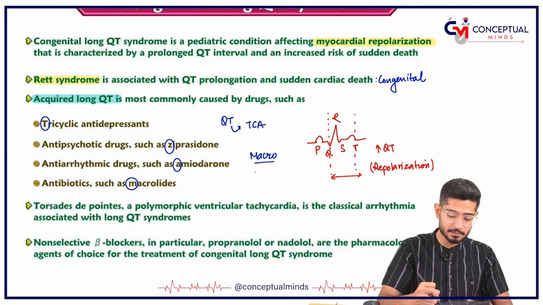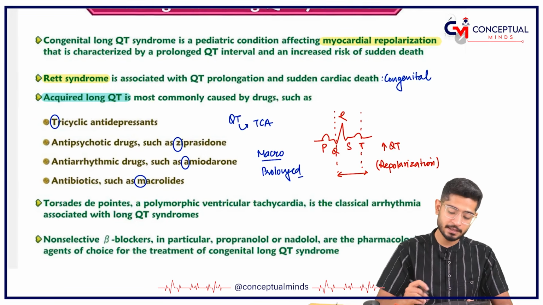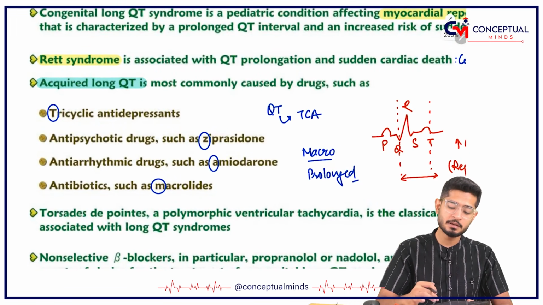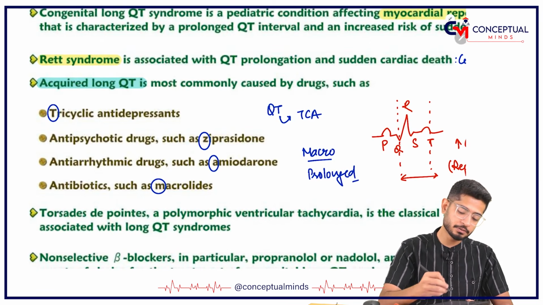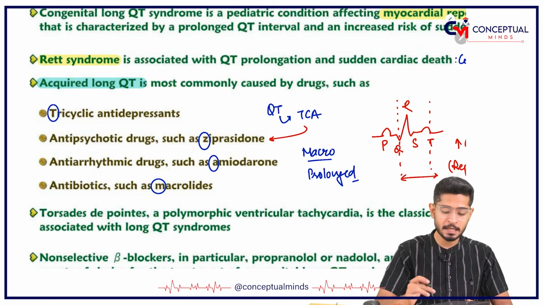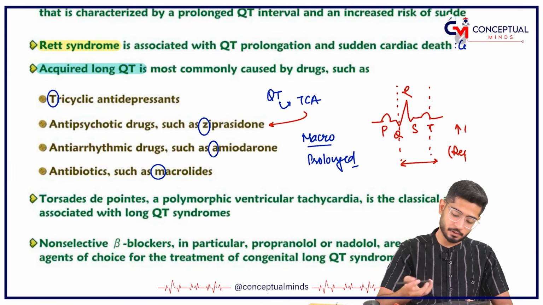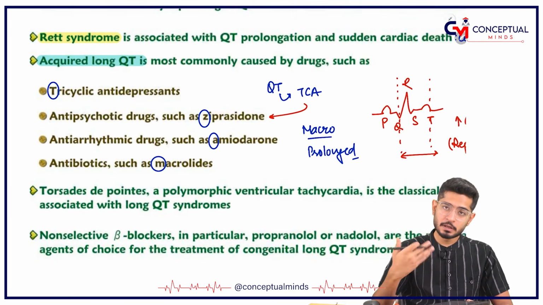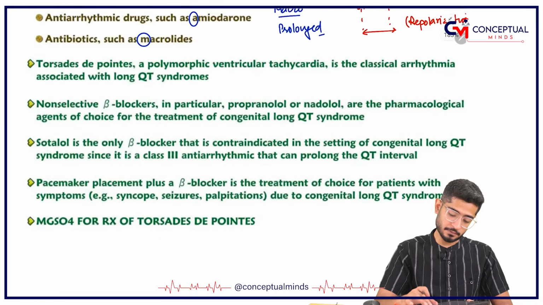Macro means prolonged, so remember, prolonged QT comes from macrolides. Next are only two, Z, that is ziprasidone, which can be remembered because tricyclic antidepressants and antipsychotics come hand in hand. And remember that amiodarone is also responsible for increase in the QT interval.